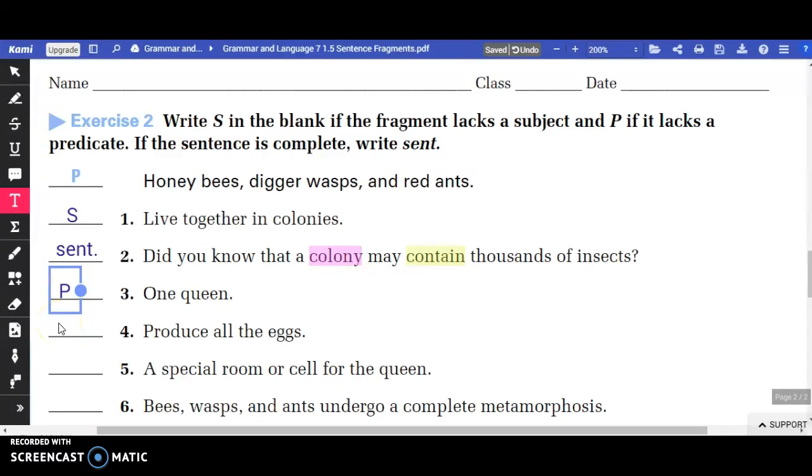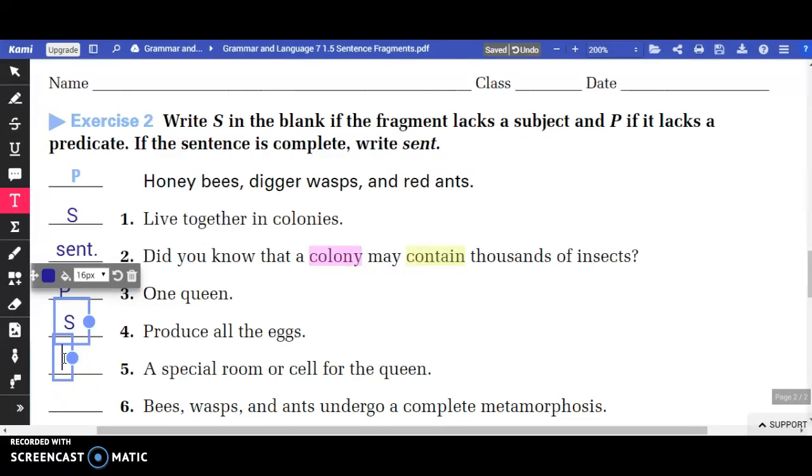4, produce all the eggs. Produce is a verb, so I know I have a predicate, but I don't know who or what produced all the eggs, so I'm lacking a subject for my sentence. 5, a special room or cell for the queen.